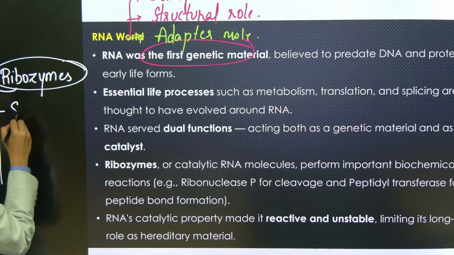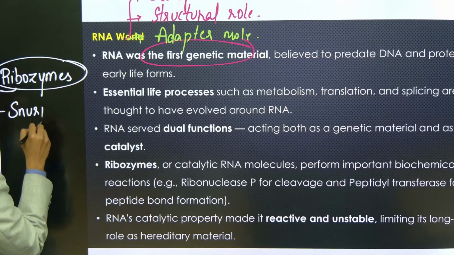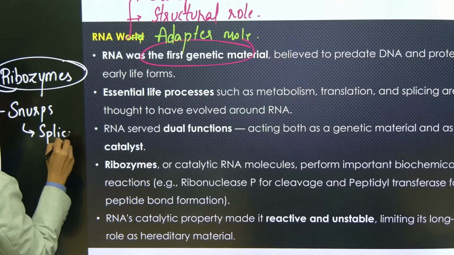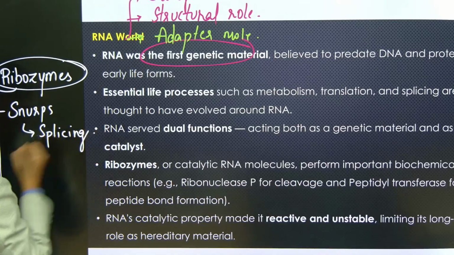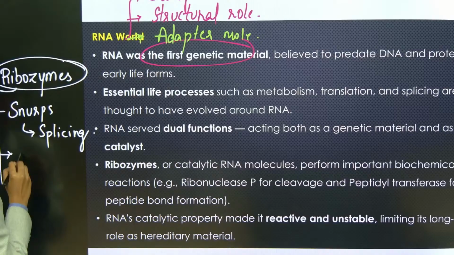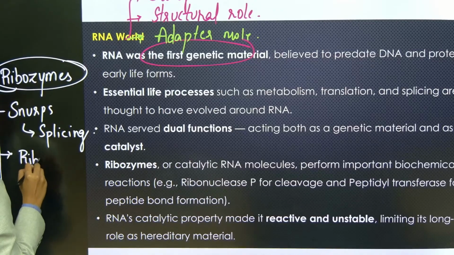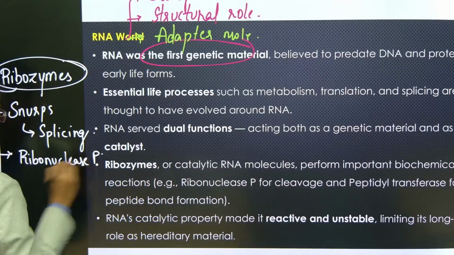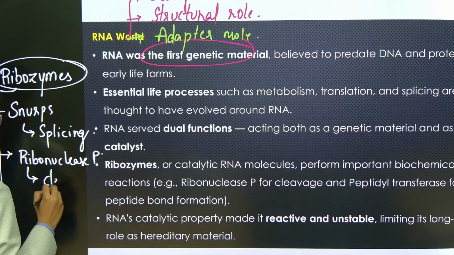Example, SNRPs, which help in splicing. Ribonuclease P, which helps in cleavage.